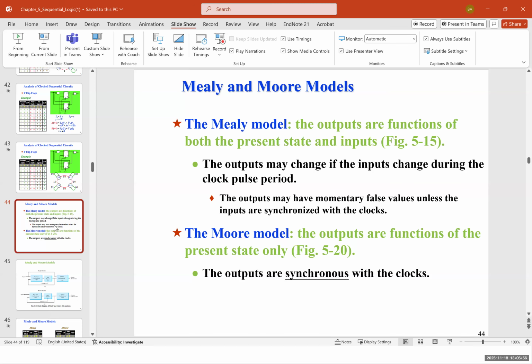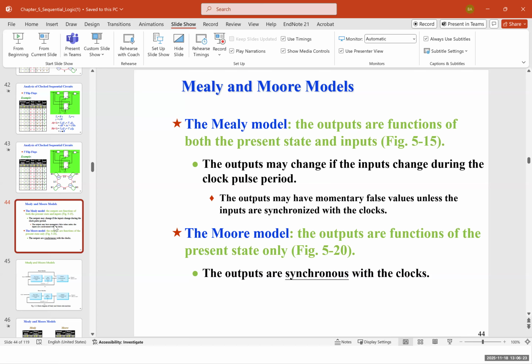So as you remember, for a combinational circuit, we use different techniques such as K-map or Boolean algebra to simplify those functions. For sequential analysis, we use systems such as the Mealy and Moore models. In the Mealy model, the outputs are a function of both the present state and inputs, which is shown in the next graph.